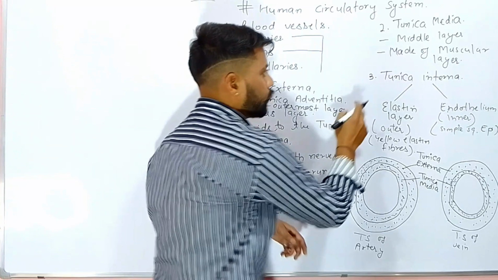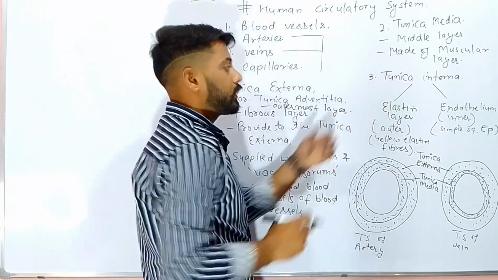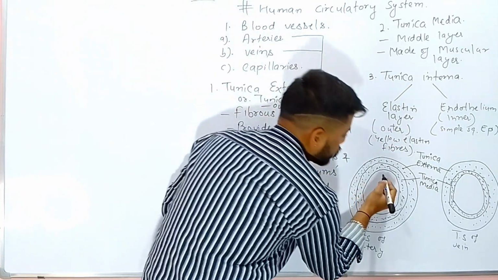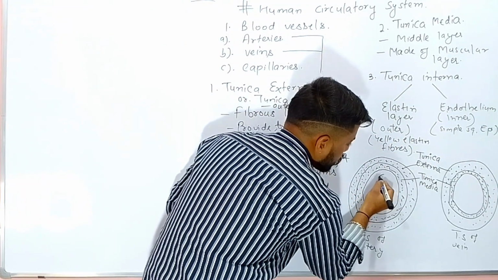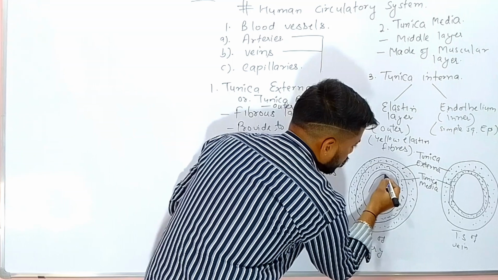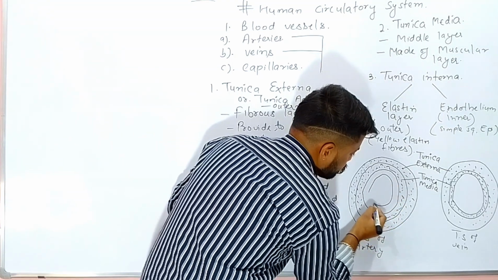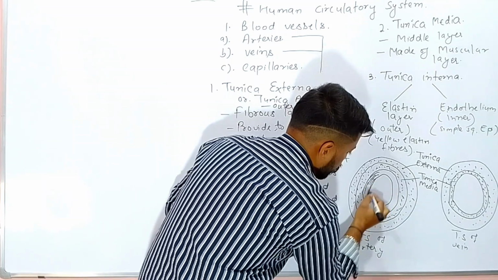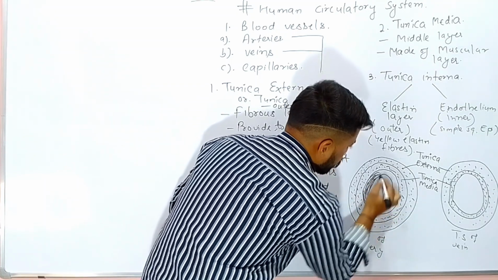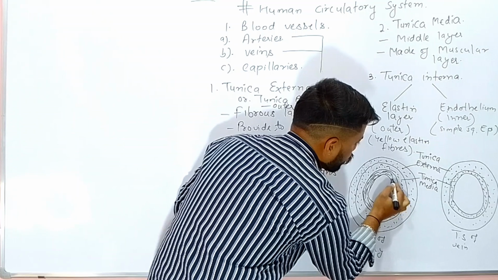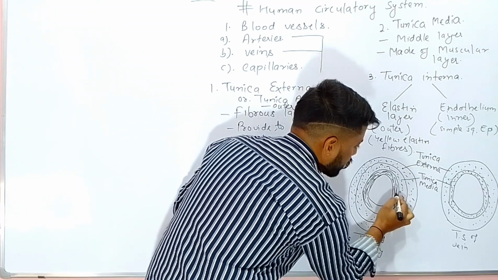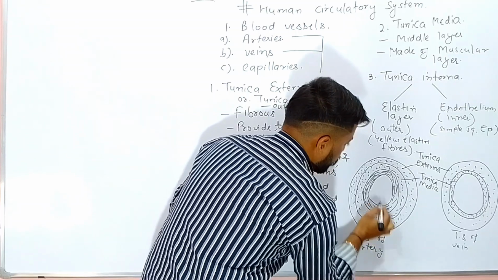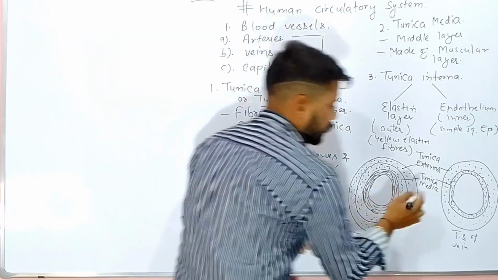And now the innermost layer, the tunica interna, which is divided into two sublayers, that is the elastin layer, and it is the outer layer out of these two sublayers, endothelium and the elastin. And this one is the elastin layer.